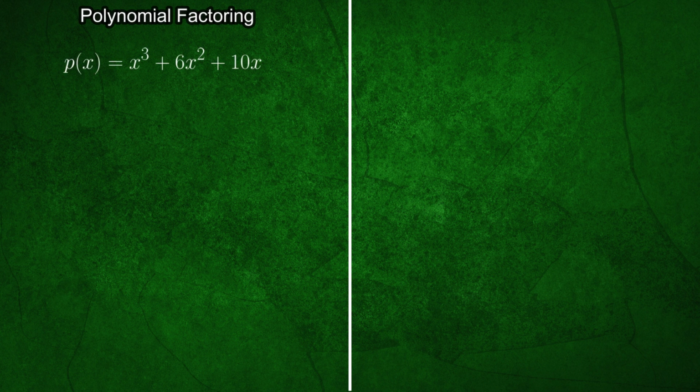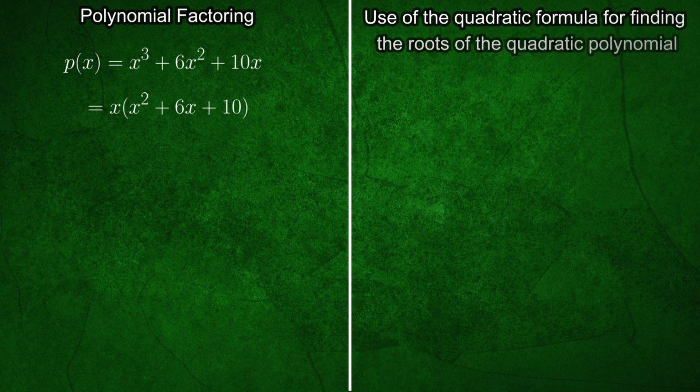Let us consider this other example. The polynomial p of x equals x cubed plus 6x squared plus 10x. This polynomial can be factored as x times x squared plus 6x plus 10. Let us find out the roots of the quadratic factor in the polynomial p of x.